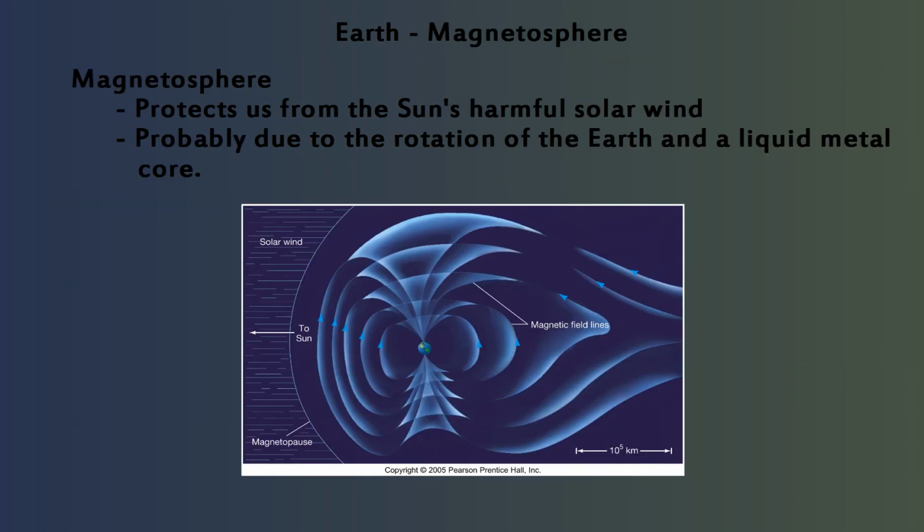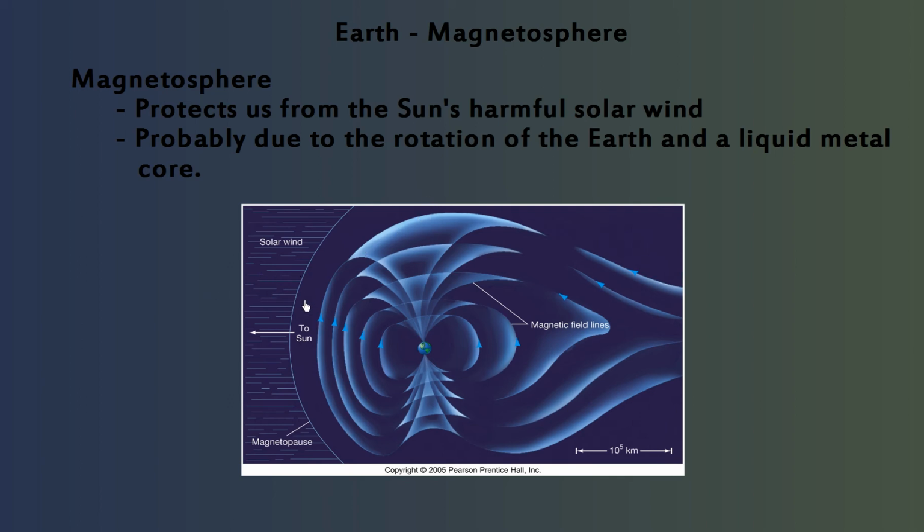There's some physics going on here, which is basically that you have moving electrons that create a magnetic field, often called a dynamo effect. Probably because of the Earth's quick rotation, 24 hours a day, and the fact that the inner core is rotating with respect to the outer core, we get a nice magnetic field, and it's a good thing, because this magnetic field protects us from much of the sun's harmful solar wind.